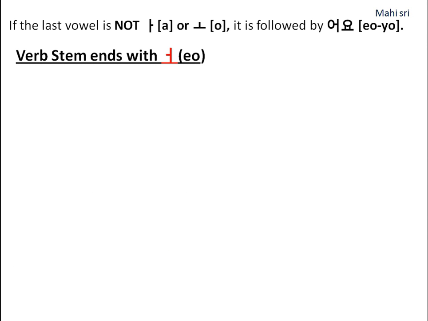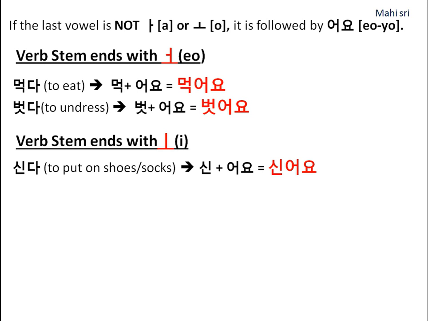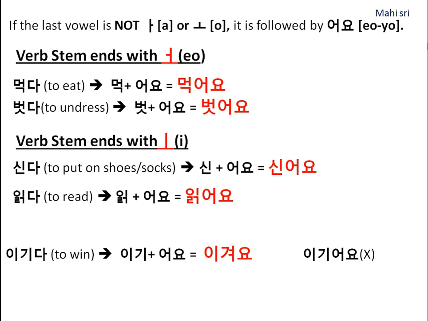So verb stems ended with o. Mokda. Here mokda becomes mogoyo. It's very simple, right? Mok plus oyo, mogoyo. Then botda, to undress: bot plus oyo, bosoyo. Very simple, right? Then verb stems ending with i. Sinda, to put on shoes or socks, which is sin plus oyo, sinoyo. Ilgda, to read: ilg plus oyo, ilgoyo. Igida, here is somewhat confusing.